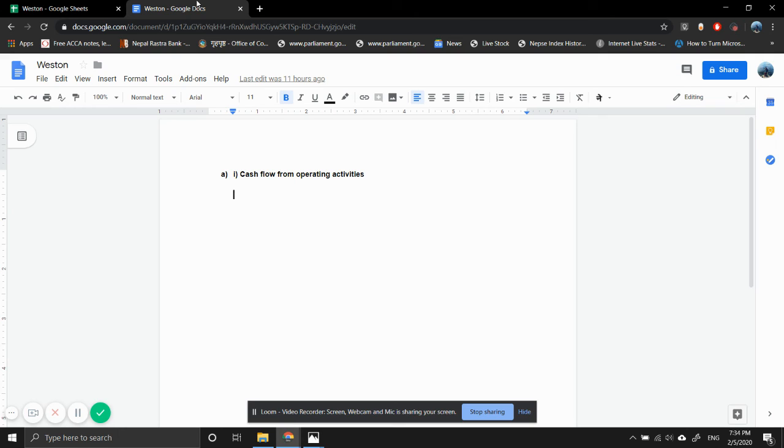So questions 1 and 2, cash flow from investing activities, are in the spreadsheet.